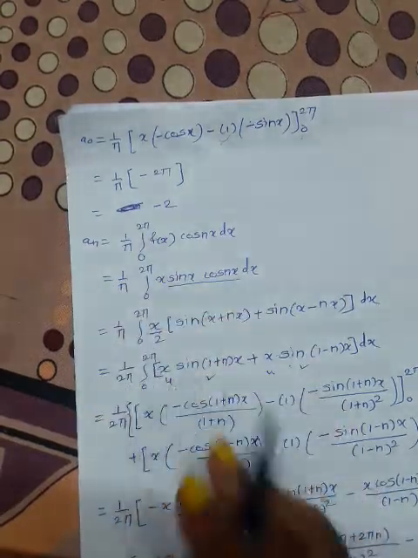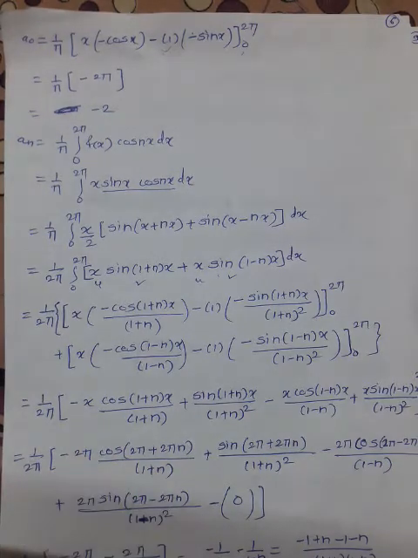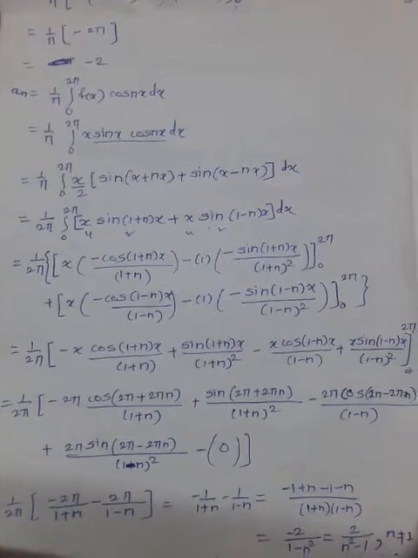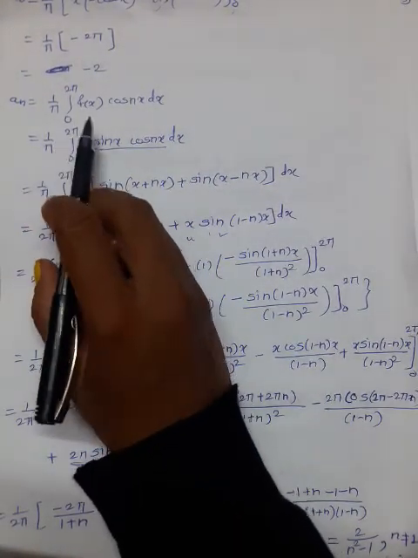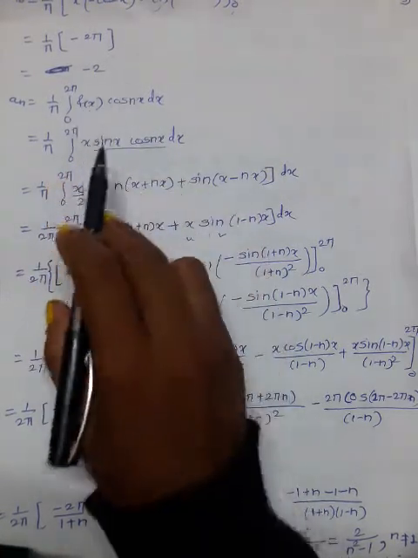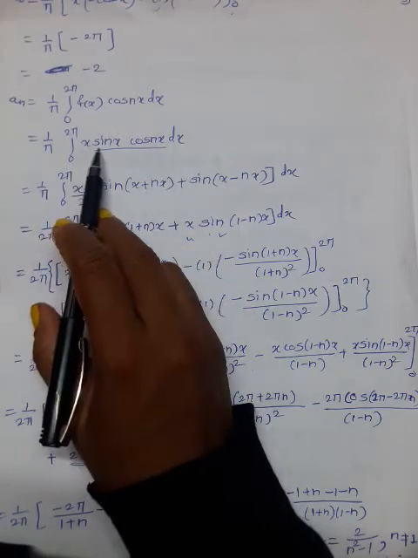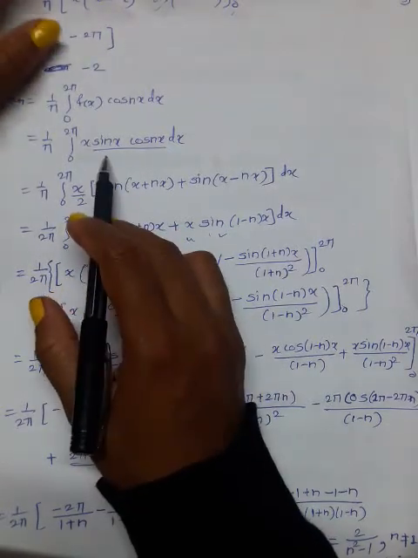Okay, now let us start with an. An is equal to 1 upon pi, integration 0 to 2 pi, f(x) cos nx dx. Now put the value of f(x) as x sin x into cos nx dx. Here this is a multiplication of three functions.